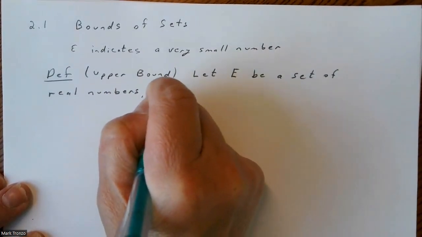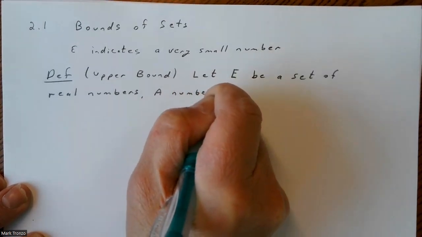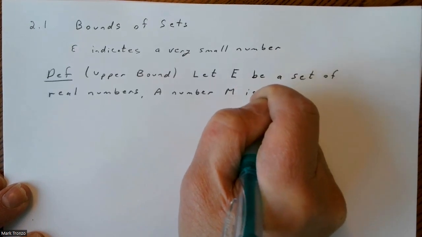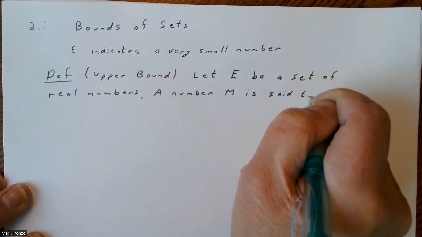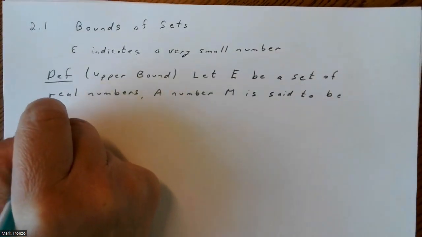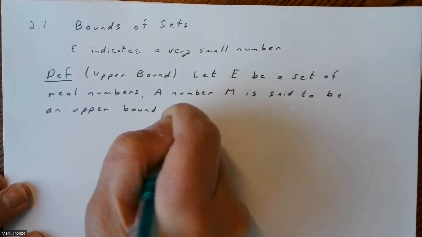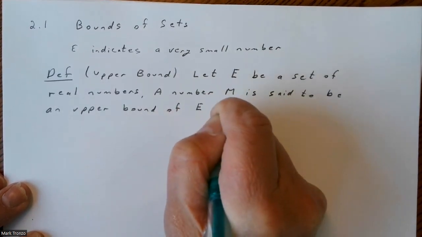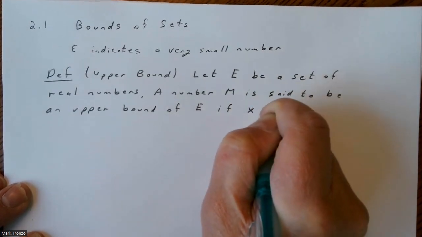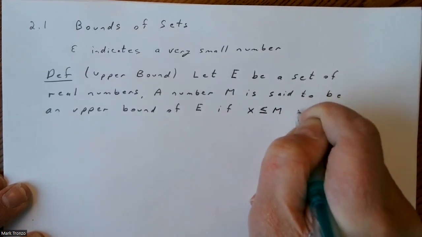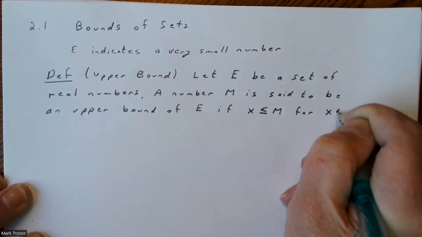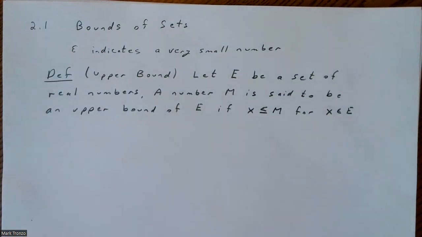Then a number, let's call it M, is said to be an upper bound of E if x is less than M for all x in E. So say you have a number that's bigger than every number in the set, then that's an upper bound.